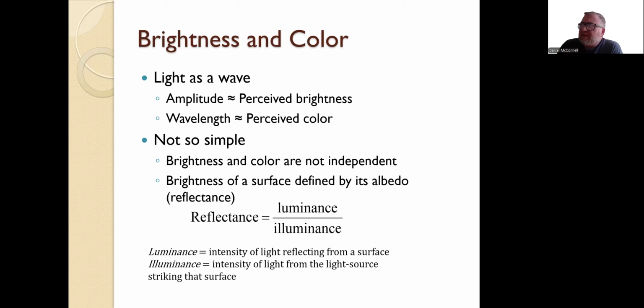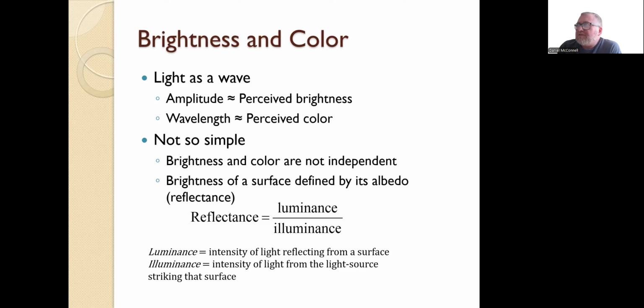Now, light is a wave, and well, it's a little bit ambiguous because light acts as both a wave and a particle, and we don't really need to get into quantum physics and optics and so forth at this point, or really at all.